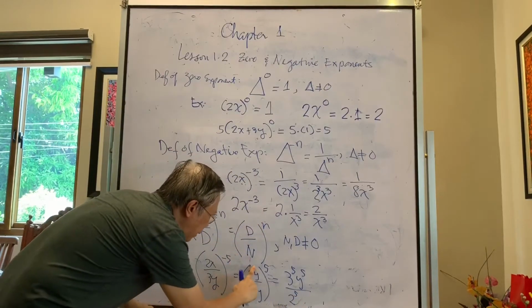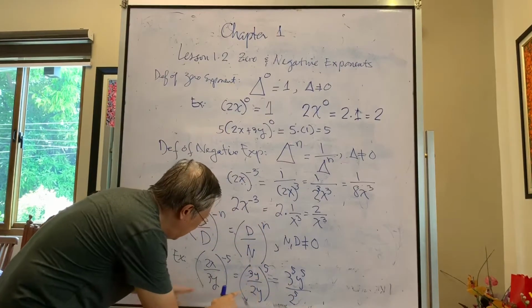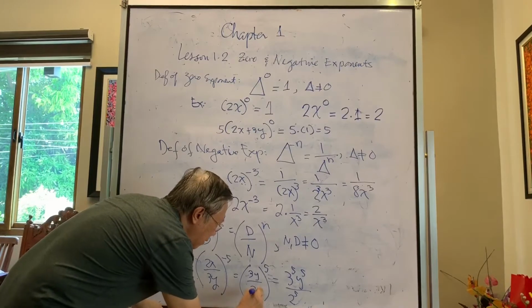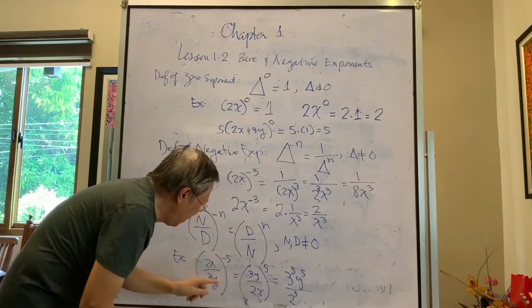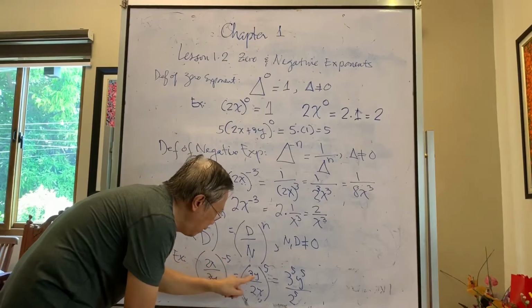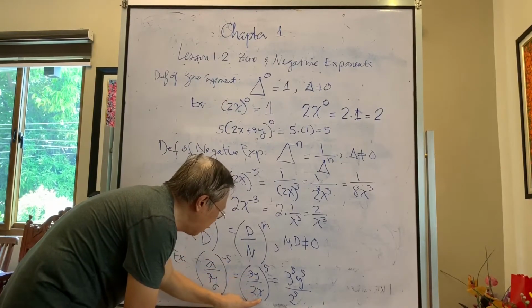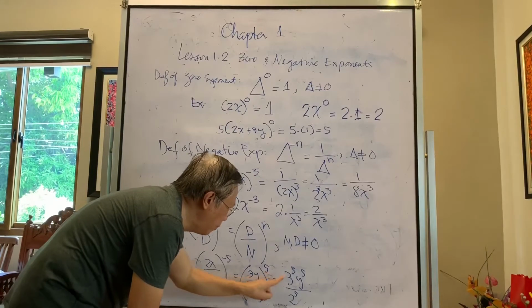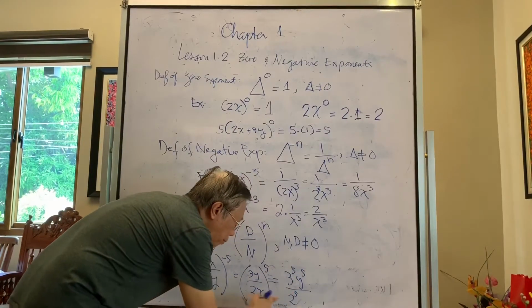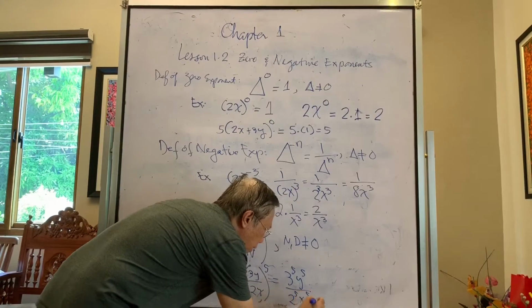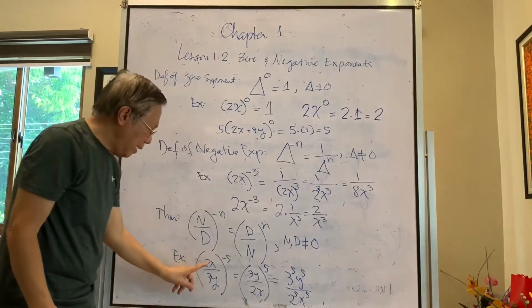Okay, I should say this one should be x. Okay, again, this one now becomes (3y over 2x) raised to the 5th. Or we have here 3 to the 5th, y to the 5th over 2 to the 5th and x to the 5th. That's how we apply this theorem here.